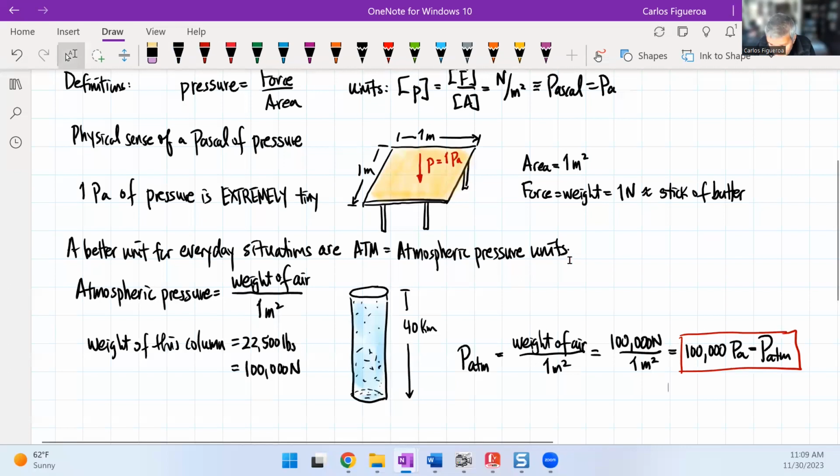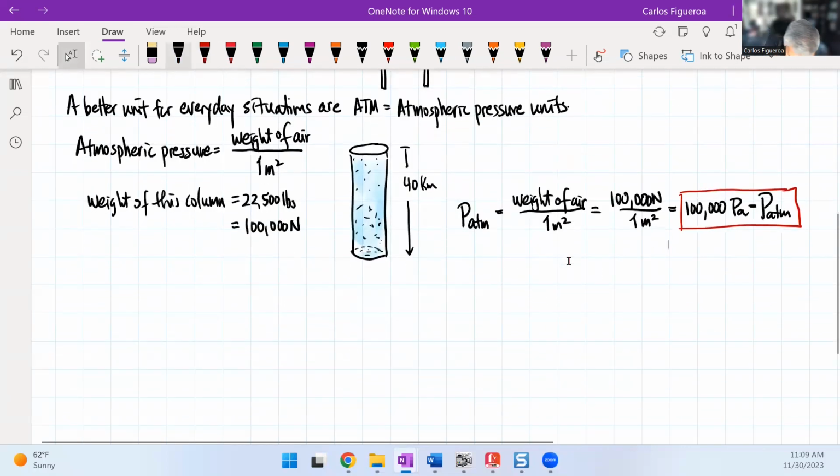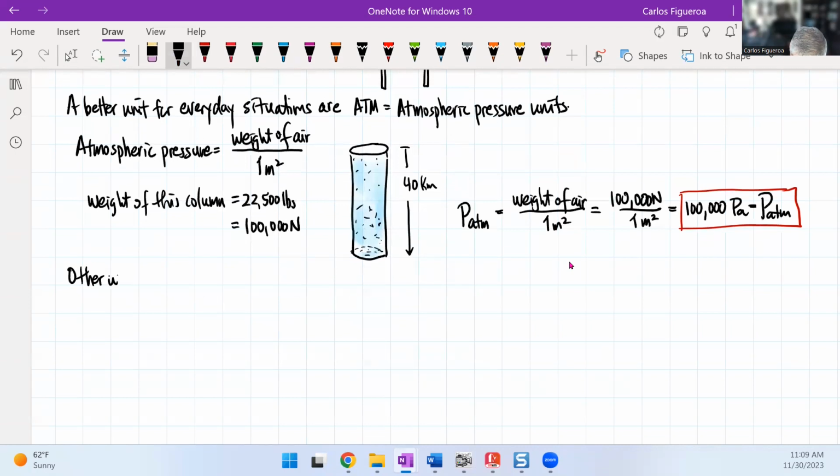Now, there are other units for atmospheric pressure. So we could say that we have 1 atmosphere, and 1 atmosphere is a little over 100,000. It's really 101,000 pascals.